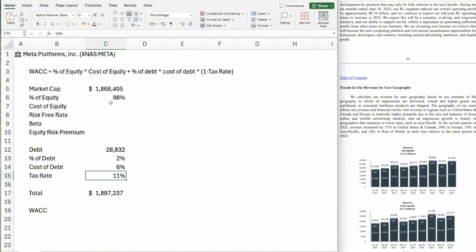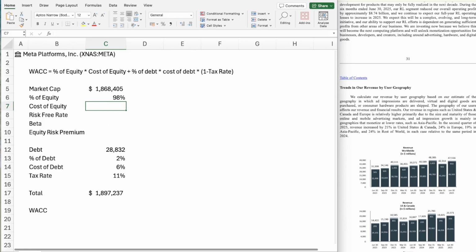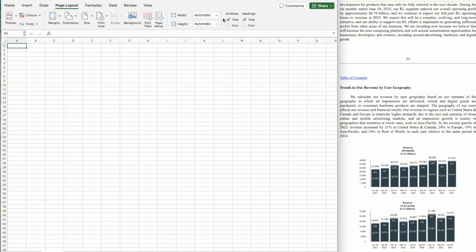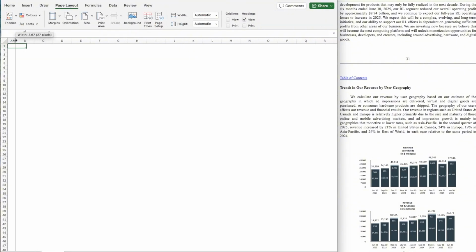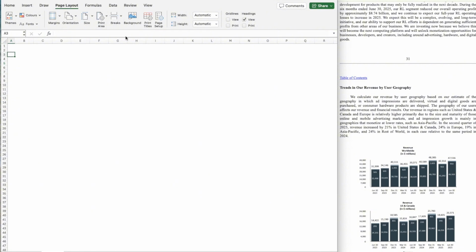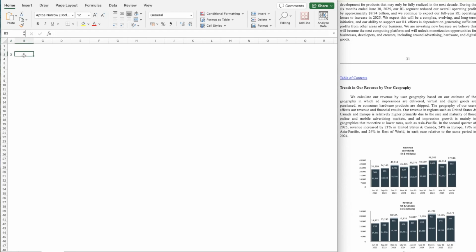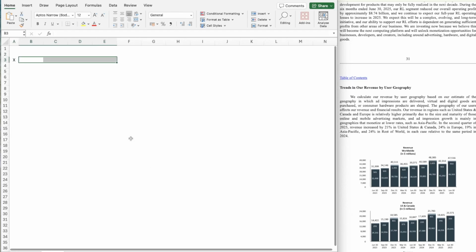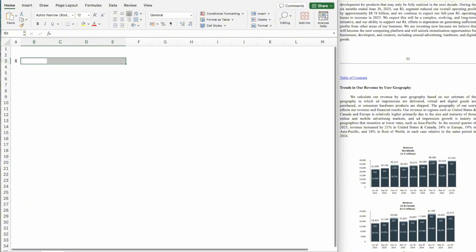Okay, now let's start building the cost of equity. This is what we want to build out using these 3 components. So go onto a new sheet, remove your grid lines, make it a bit smaller, just pull this. Just put an X here to indicate it's going to be a section beginning. Now I can zoom in, I don't need this much space.